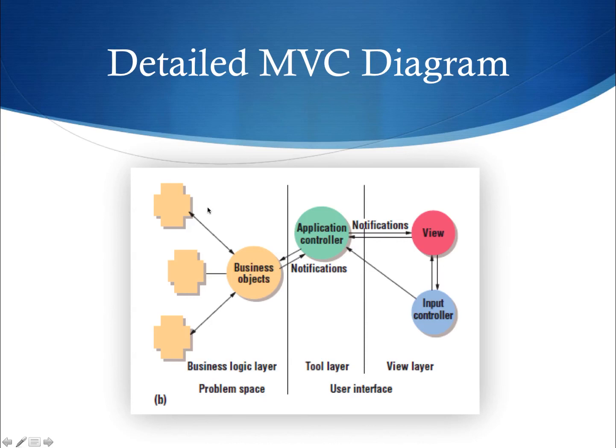All the application logic. You have the controllers. This diagram is specific for a web application because we have the application controller and also the input controller, all right? That's the controller layer, and for last we have the view. Now you're going to see each layer in more detail.